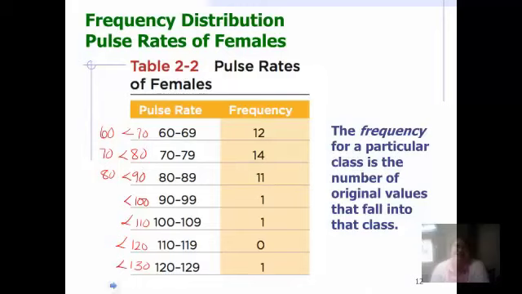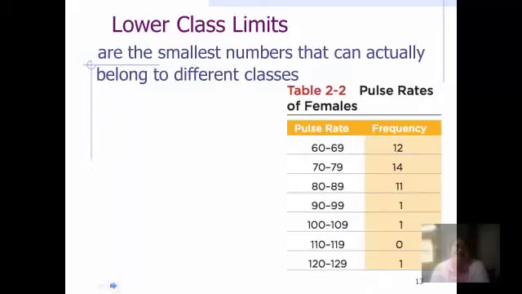Now, the class limits are the smallest numbers that can actually belong to the different classes. So our class limits on this are going to be 60, 70, 80, 90, 100, 110, 120.